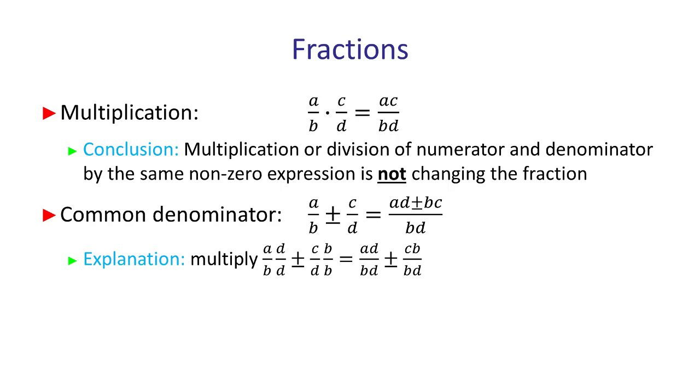You could multiply the left part, which is a over b, by d divided by d, which is 1, without changing anything, plus or minus c divided by d multiplied by b over b, which is also 1 and not changing anything. So then you will have the common denominator, which is b multiplied by d, and then the numerators will add together and provide the rule that you have as number 2.